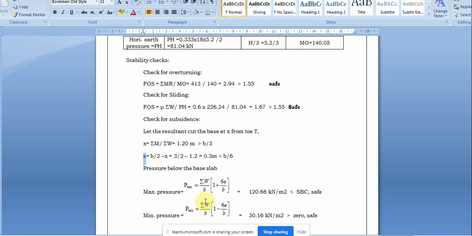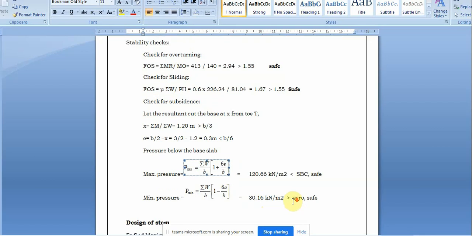Now substitute the value of E in this. Pmax equals summation of W, 226, divided by 3, bracket of 1 plus 6 into 0.3 divided by 3, bracket close. So the maximum pressure, when we take this as plus, we get 120 kilonewton per meter square, which is less than SBC. SBC is taken as 200, as given.